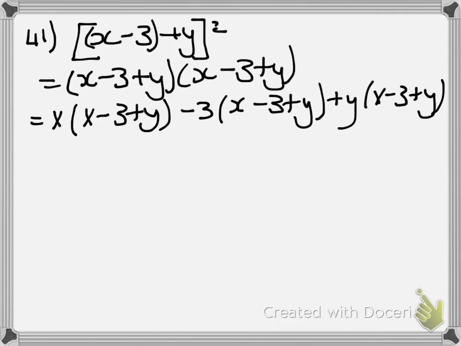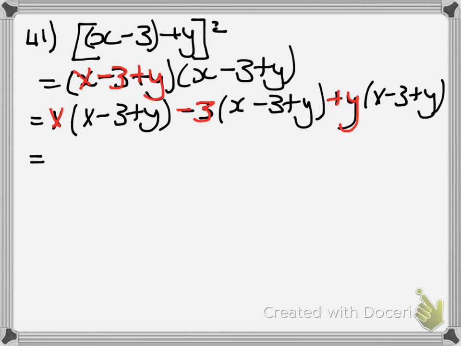Again, let's do this in red. This is x minus 3 plus y, which is really x minus 3 plus y. Right? And now we're going to FOIL that out.